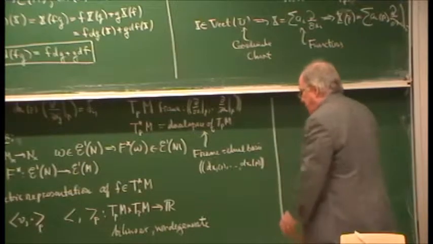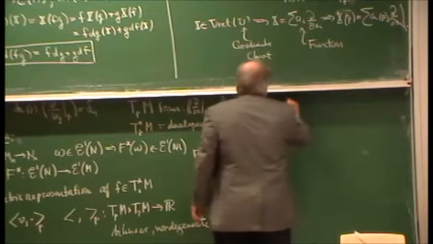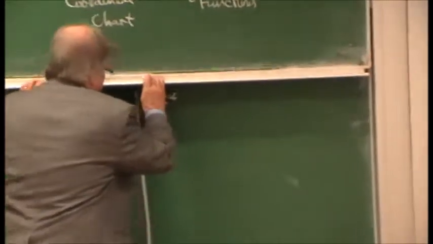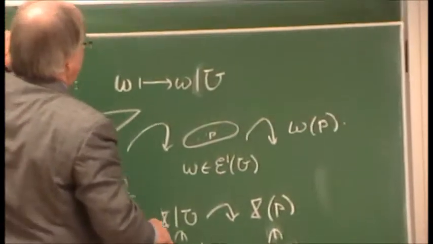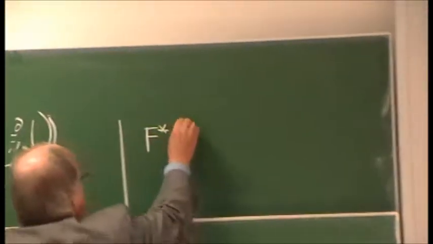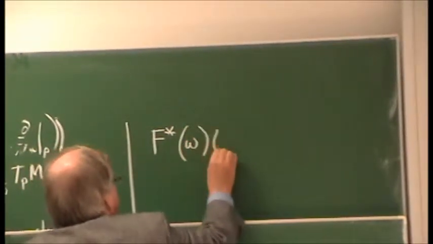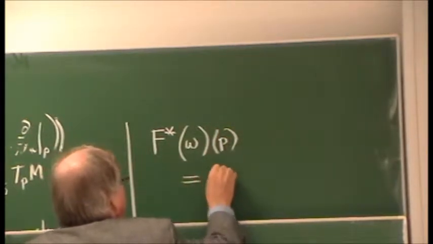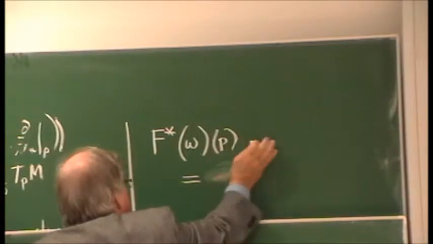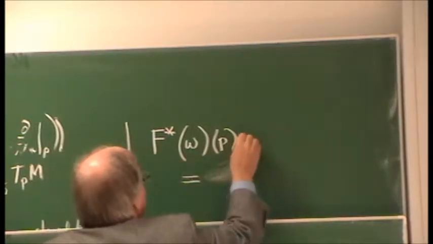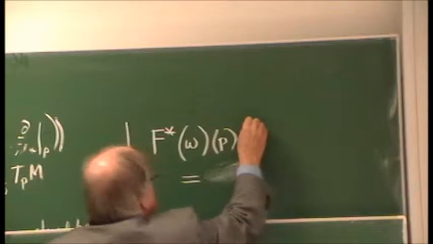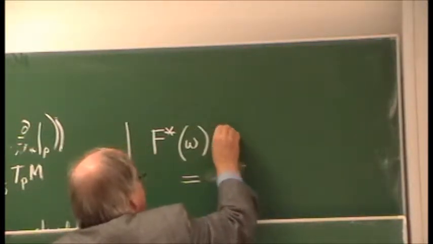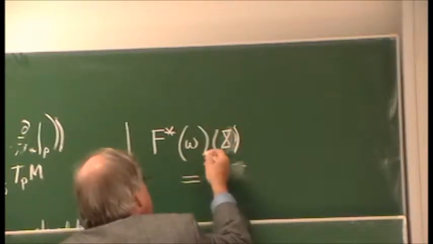Okay, so that's what this pullback is. Recall the pullback of omega, I'm going to write it here. The pullback of omega applied to a vector field, I have to tell you what that is.